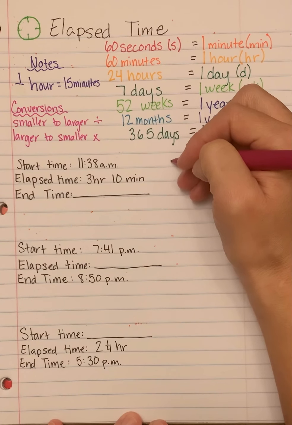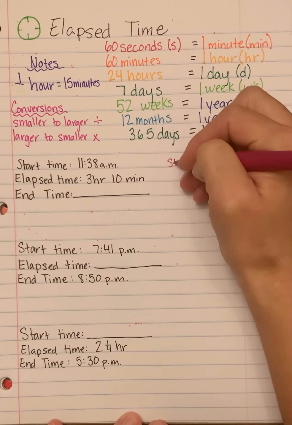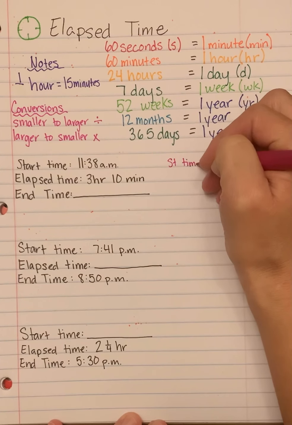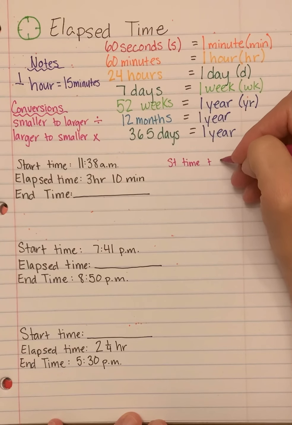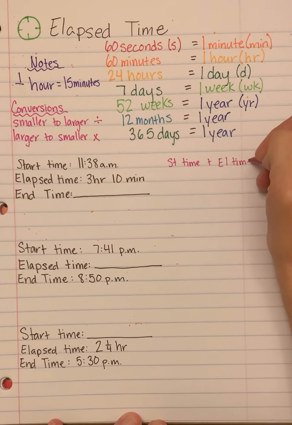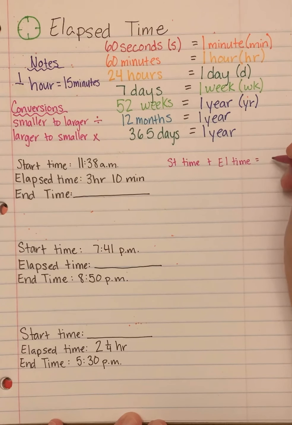So I'm just going to put ST time plus elapsed time, EL time, is going to give us end. I'm just going to put end. I'm not going to write time. We got this.